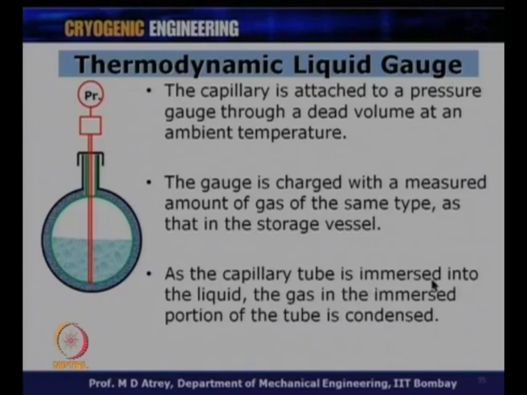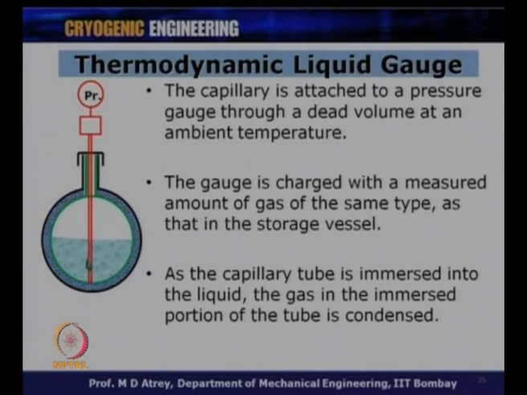Now the capillary tube is immersed into the liquid. Some part of the capillary tube is in the gaseous phase, where the boil-off gas is stored, while the other part is dipped in liquid. The gas in the liquid region is going to get condensed because its boiling point is just above the liquid temperature, while the gas above will remain in the gaseous phase because the temperature around it is more than its boiling point.